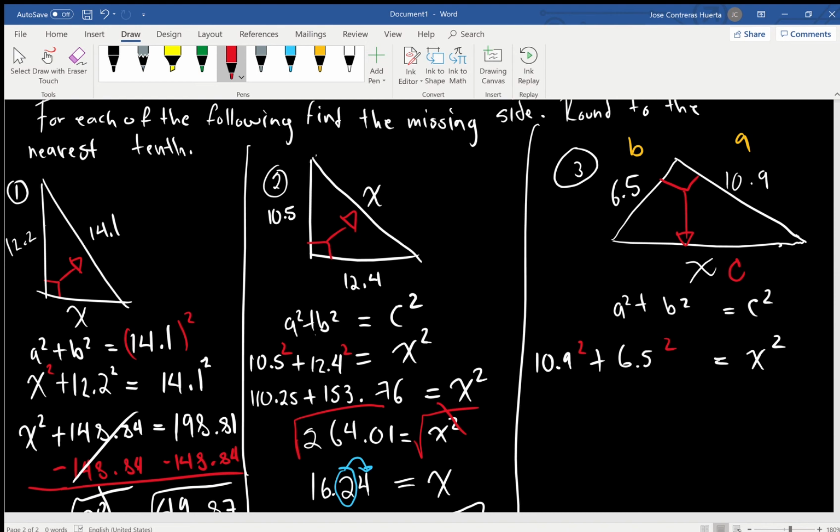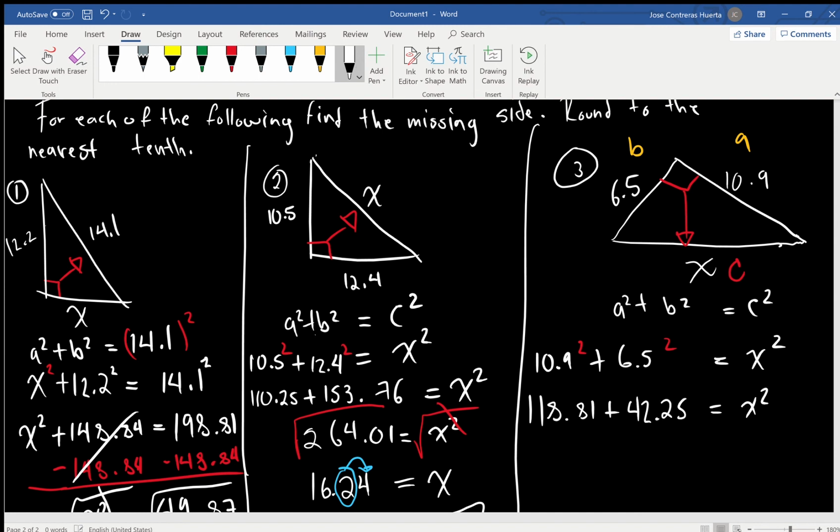So 10.9 squared gives me 118.81. So this is going to be 118.81 plus my 6.5 squared, which is 42.25. 42.25 is equal to x squared.